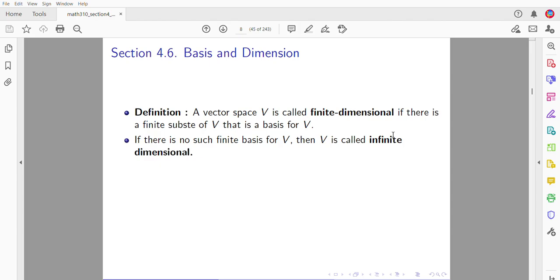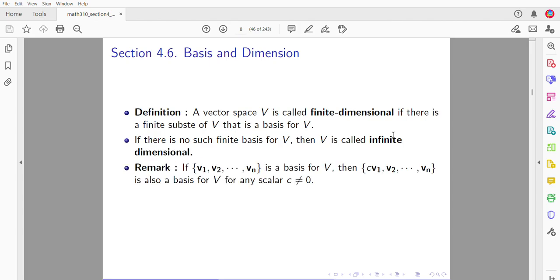Okay. If V1 through Vn is a basis for V, then multiplying V1, just one vector, by any non-zero scalar also gives you a basis. What does this say? There can be many different bases. Bases is the plural of singular basis.